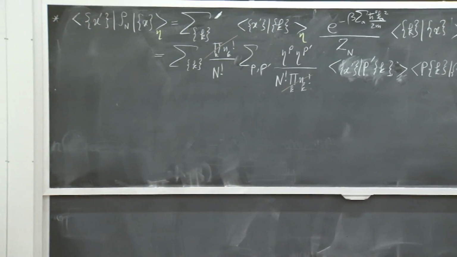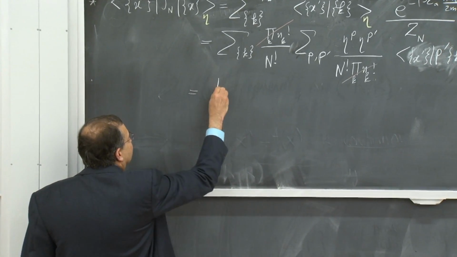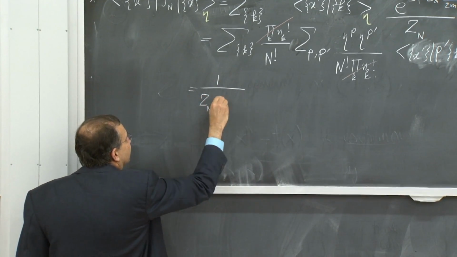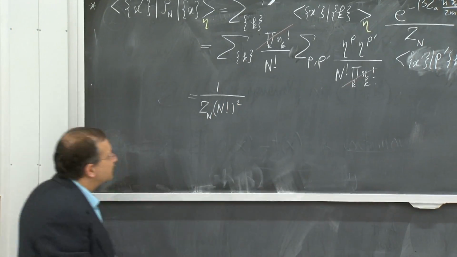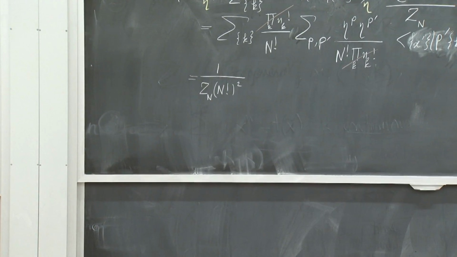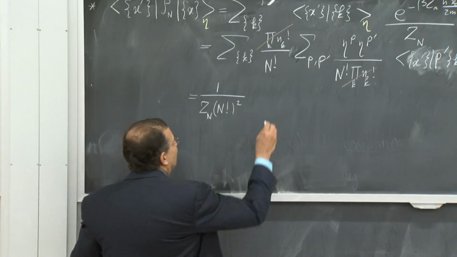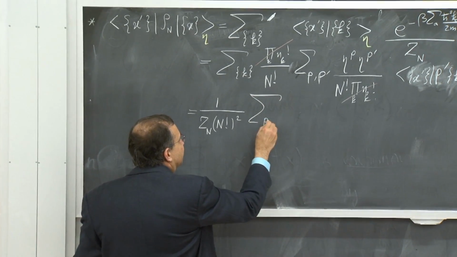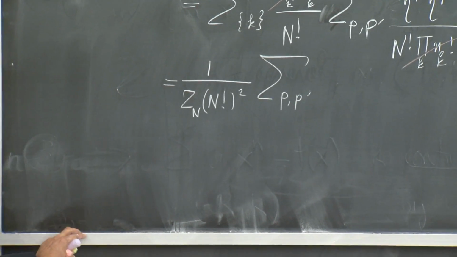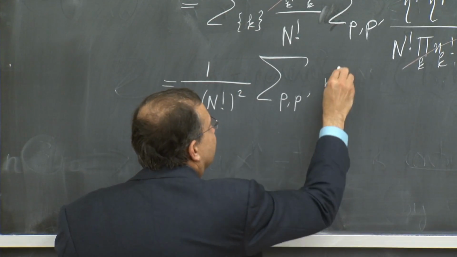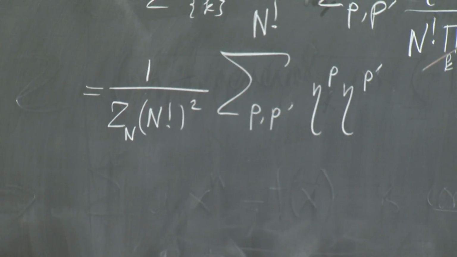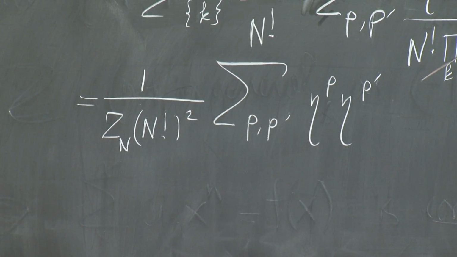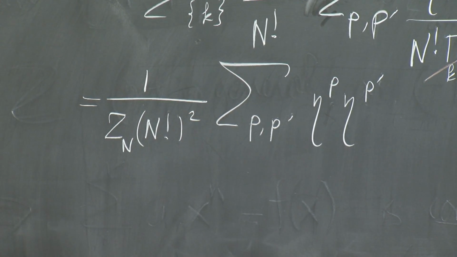OK, so let's bring all of the denominator factors out front. I have a Zn. I have an n factorial squared, two factors of n factorial. I have a sum over two sets of permutations, p and p prime. The product of the associated phase factor of their parities. And then I have this integration over k's, now unrestricted.